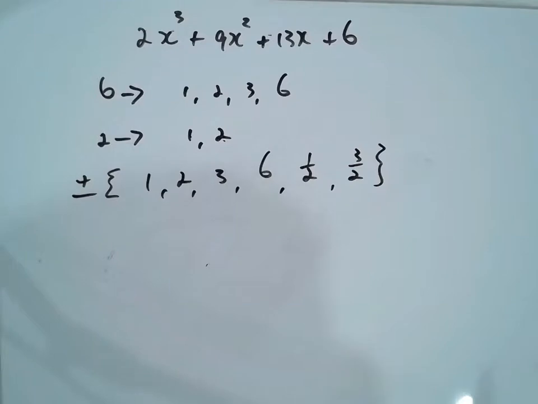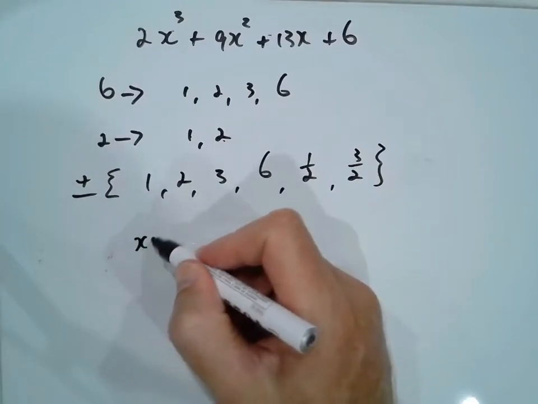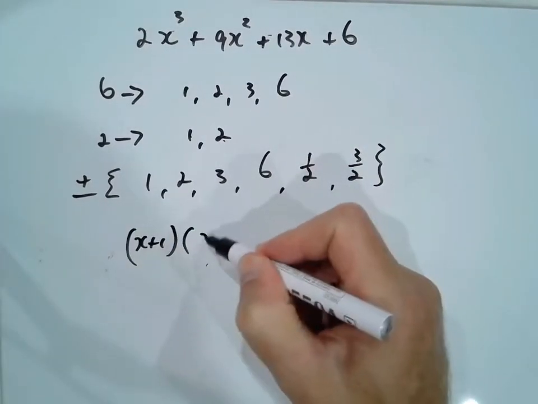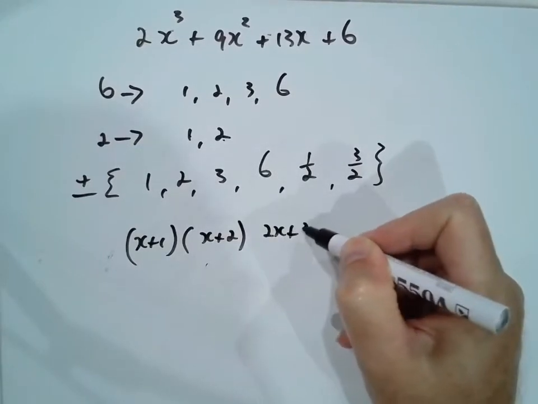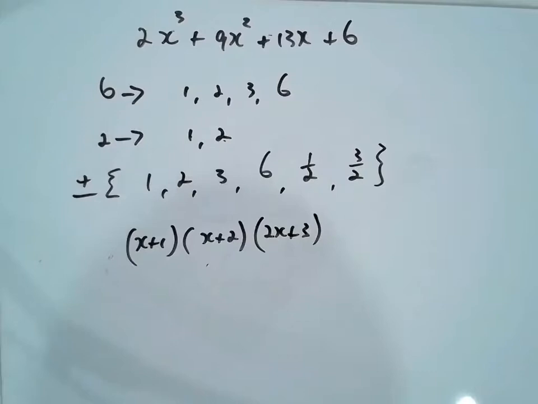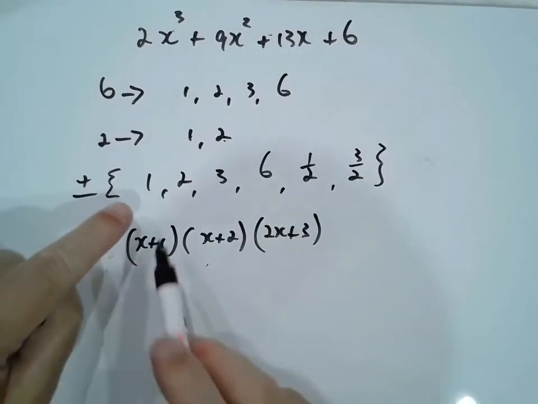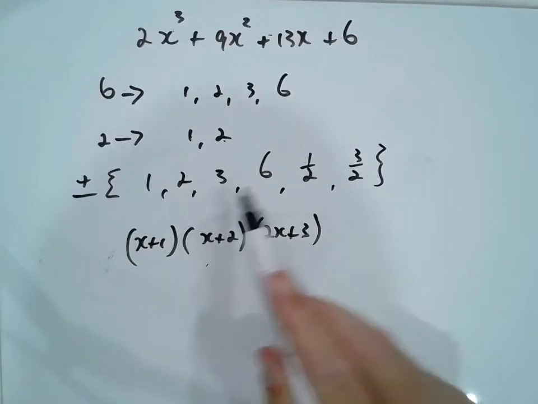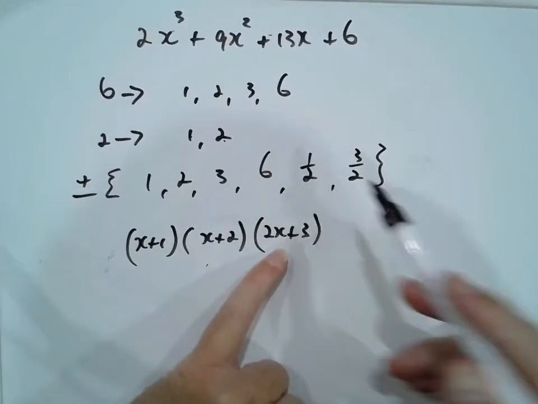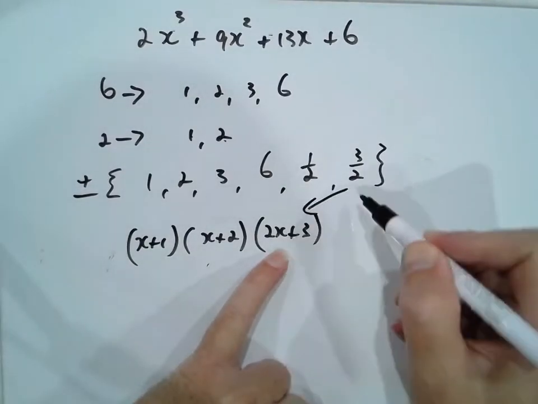And if we can remember, that one was an answer and 2x plus 3. So you can see here that there's our negative 1, there's our negative 2. 3 didn't work, 6 didn't work, half didn't work, but there's our 3 on 2.